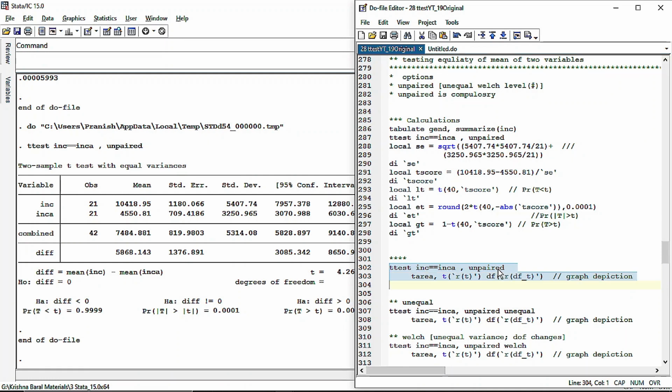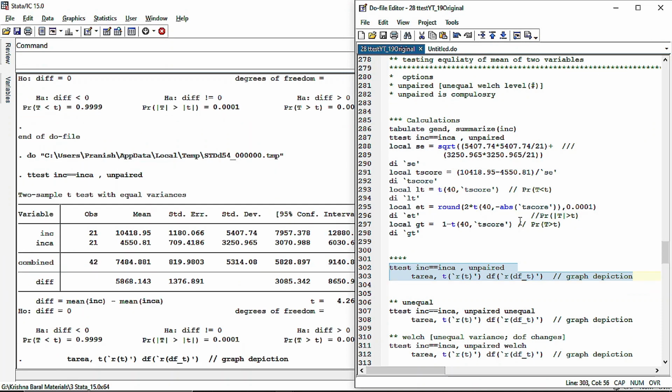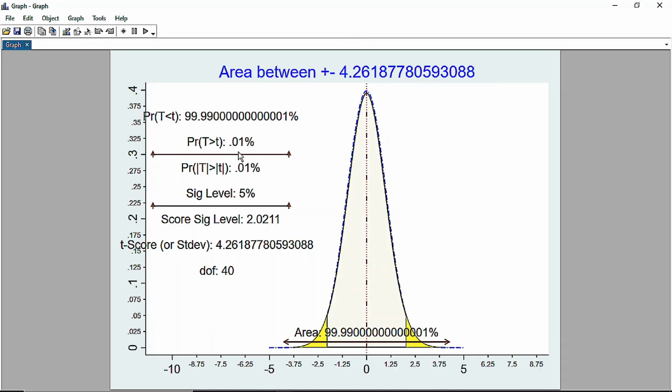And let us remember the score as well as the p-values: 4.26, 99%, 0%, 0%. With the help of the graph, the points at the extremes, plus and minus 4.26, lie quite far from the null region.